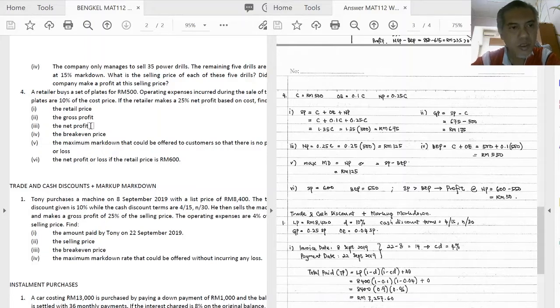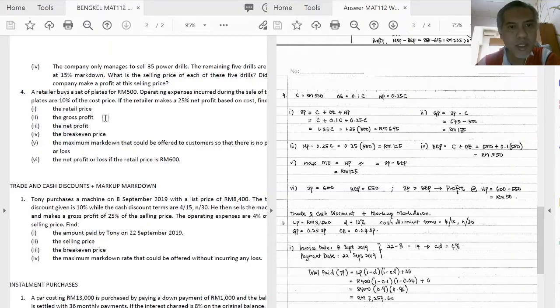Alright. So question number 4 stated here that a retailer buys a set of plates for 500 ringgit. Operating expenses incurred during the sale of these plates are 10% of the cost price.